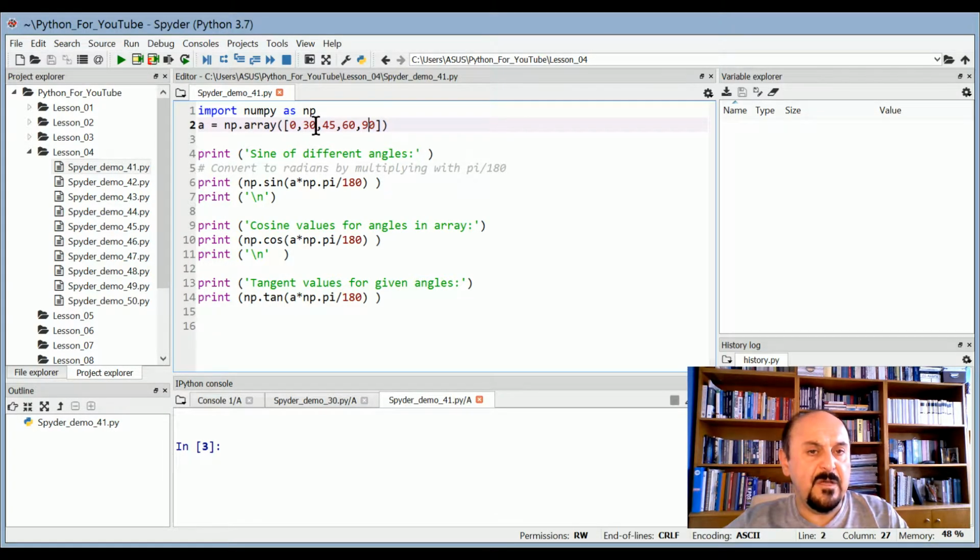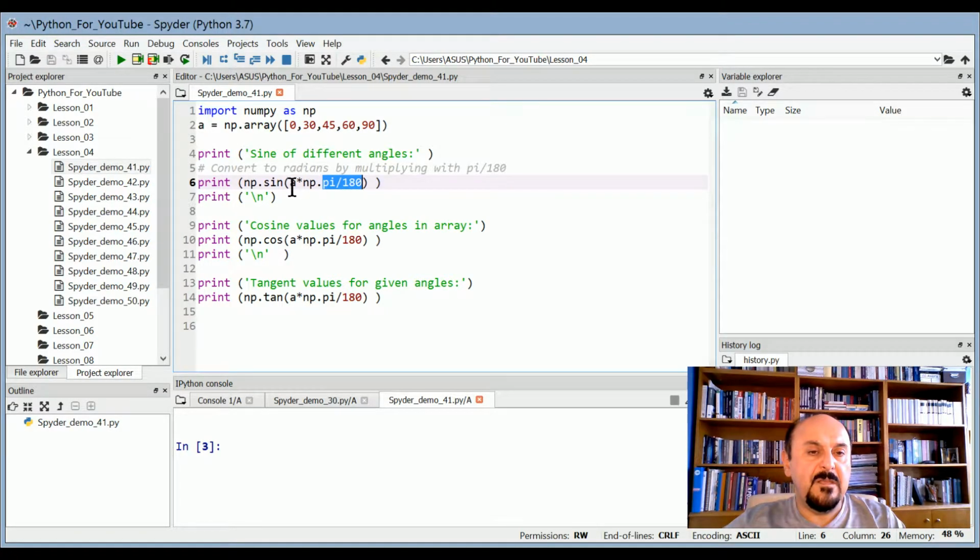And before using that, of course, I have to convert these decimal values into radians. So this multiplication just does that. This decimal number will be multiplied by pi and divided by 180.